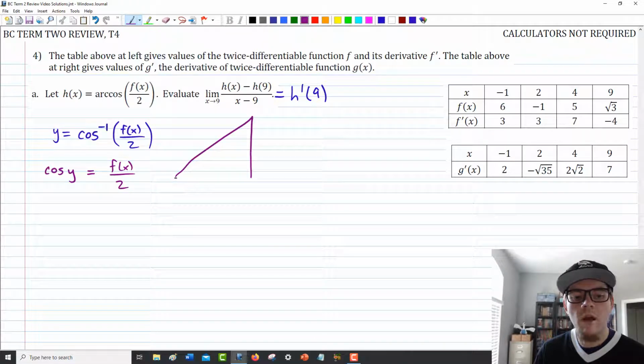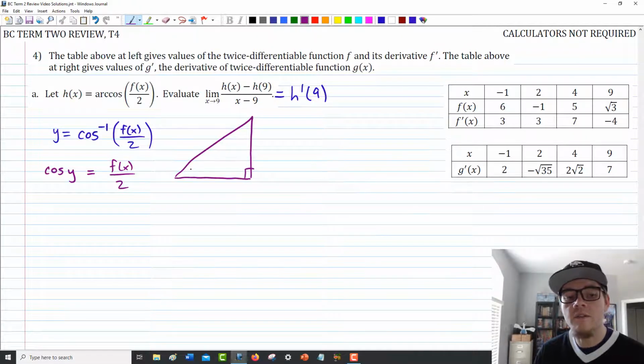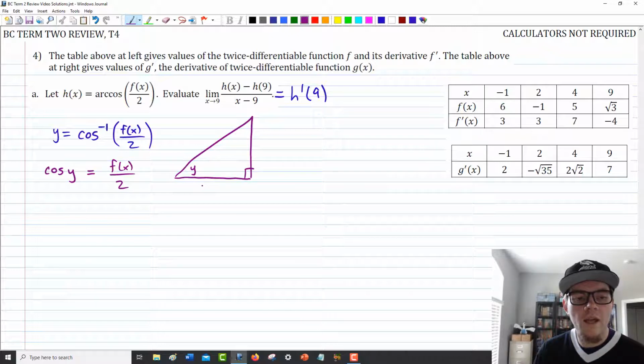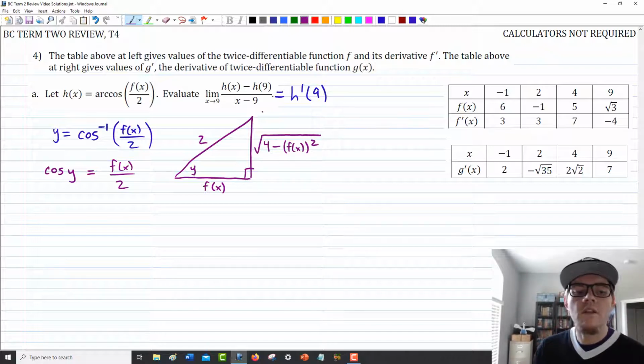Because that allows me to draw a right triangle to represent the situation. So this is the angle y, whose cosine, otherwise known as adjacent over hypotenuse, is equal to f of x over 2. Using the Pythagorean theorem, I'm not even going to show this, we'll get the square root of 2 squared minus f of x squared. So there's everything we have.